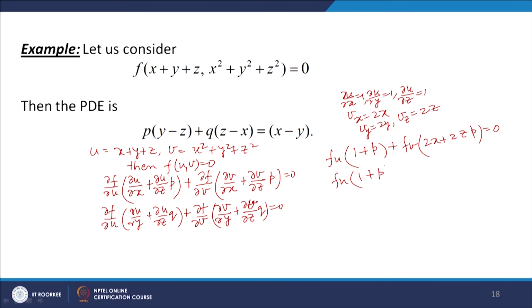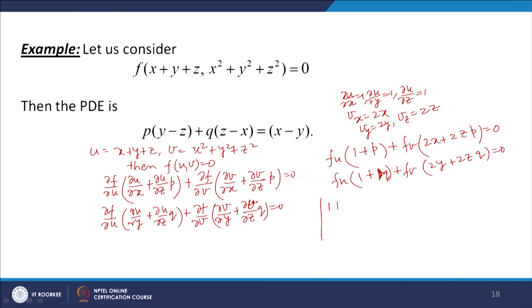So, 1 plus, sorry, here we have q. So, 1 plus q and then f v multiplied by 2y plus 2z into q equal to 0. Now, we can eliminate f u, f v from here.